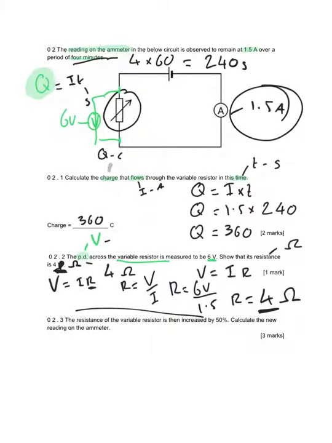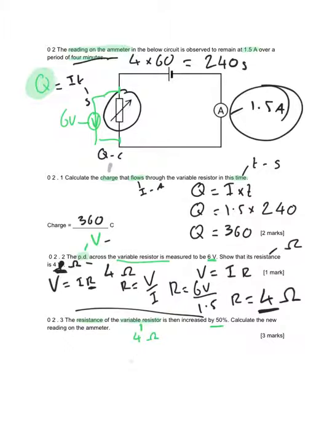Okay, so the next question is a little bit trickier. So I'm going to have to unpack it again in my mind so I'm clear on exactly what I need to do. It says the resistance of the variable resistor, which in the first instance we know had a resistance of 4, so initially it had 4 ohms, is then increased by 50%.